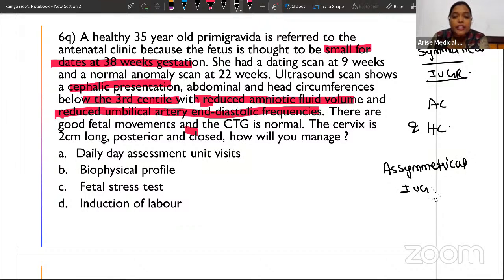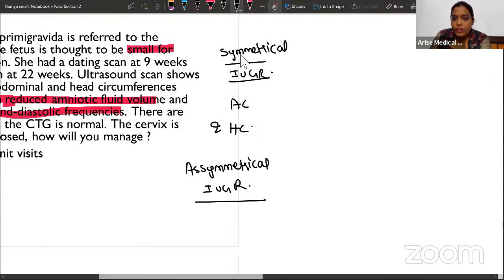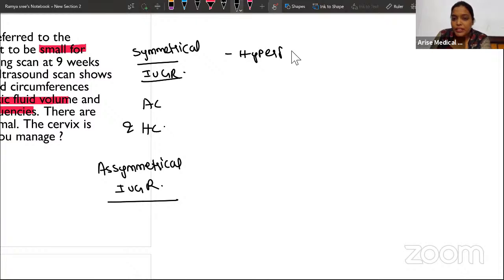Symmetrical IUGR is when the trauma to the fetus is at an early gestational age and it affects both the growth of the cell as well as the number of cells increasing. So it affects both the hyperplasia and hypertrophy of the cells.